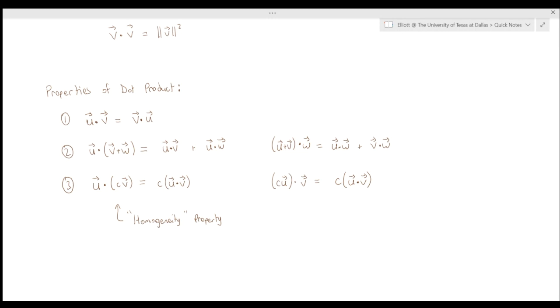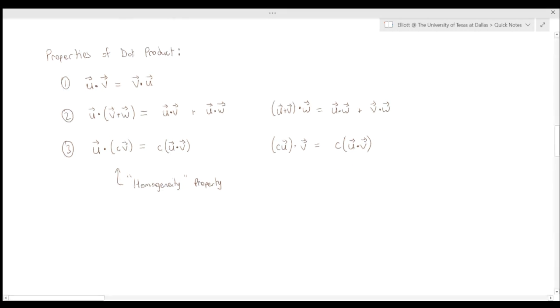The word homogeneous in mathematics tends to mean a lot of different things though, so I don't necessarily like the use of it, to be quite honest. But yeah, if you want to give it a name, I would name it.